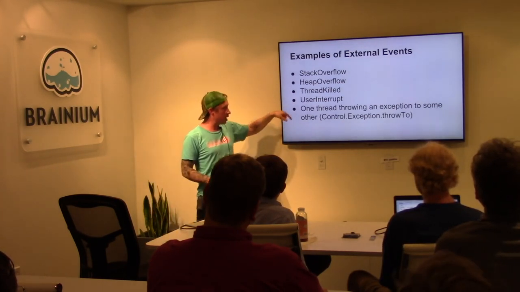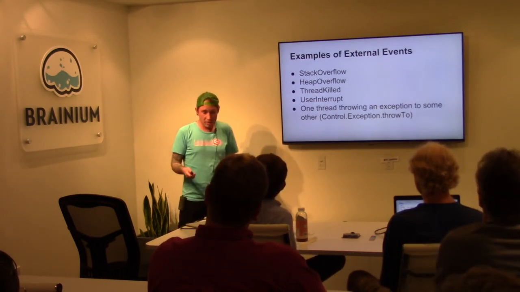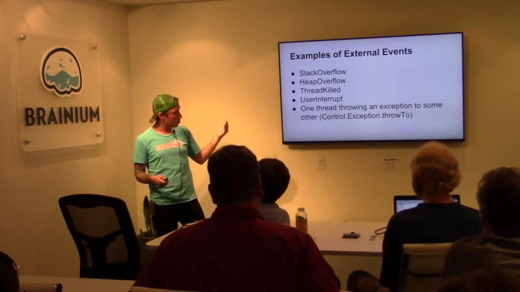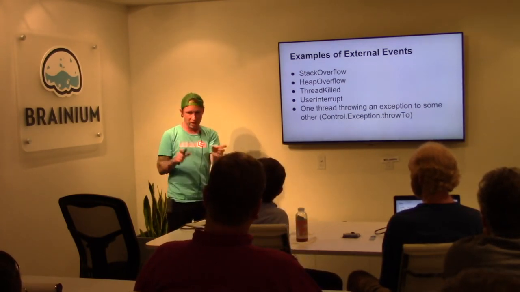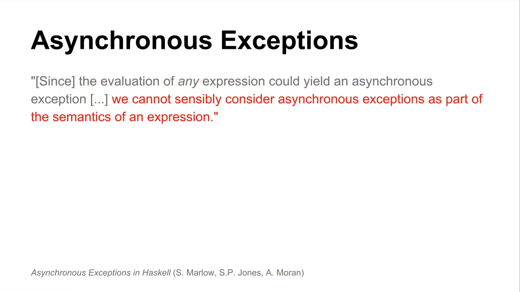These are all things that raise asynchronous exceptions, and they're not part of the semantics of your program, because the stack could overflow at any point, reducing any one of these expressions that ultimately compose together to make your function. And once again, they're not part of the semantics of the expression.